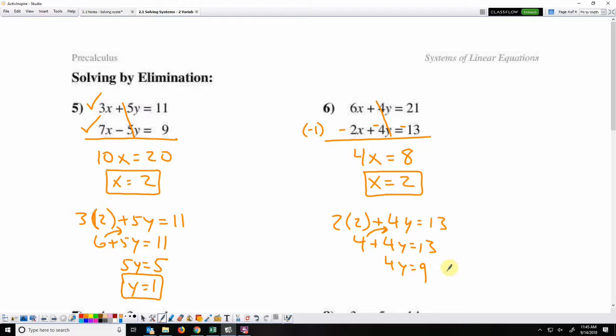And when I divide, I get y equals 9/4. Okay, and I got that from plugging into this one. We should plug into this top one. Every time you do these, please plug into the one that you did not finish with and make sure it checks out in that equation also.